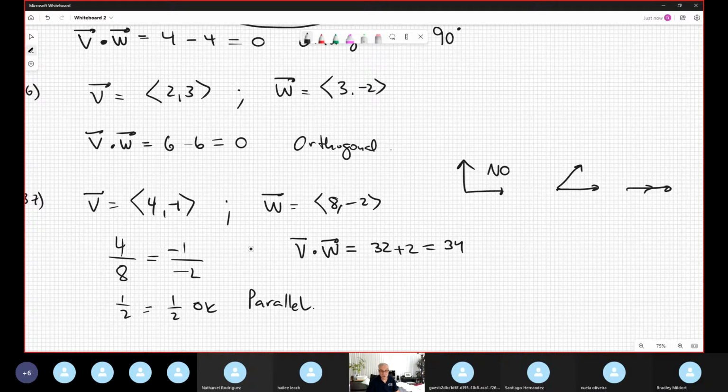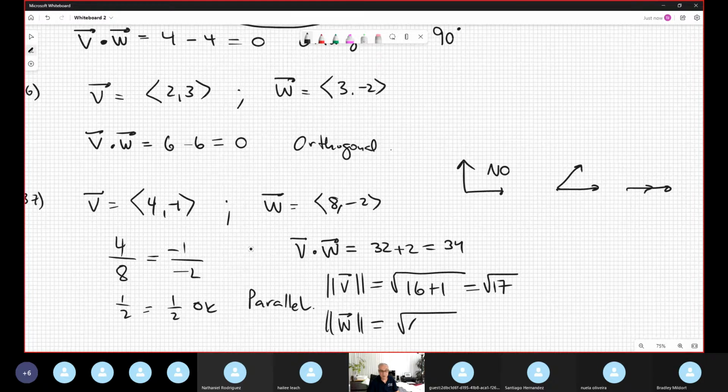To continue, we can compute the magnitude of B. The magnitude of B is square root of 16 plus 1, which is 17. Look here. The magnitude of W is square root of 64 plus 4, 68. And you multiply each other. So square root of 17 times 68.